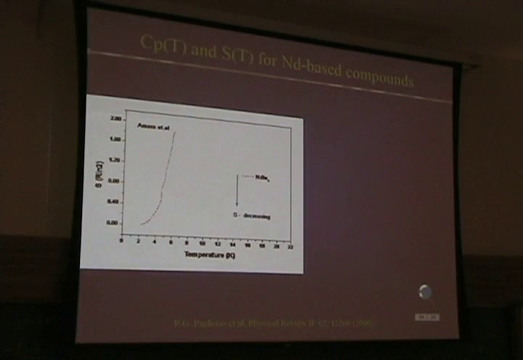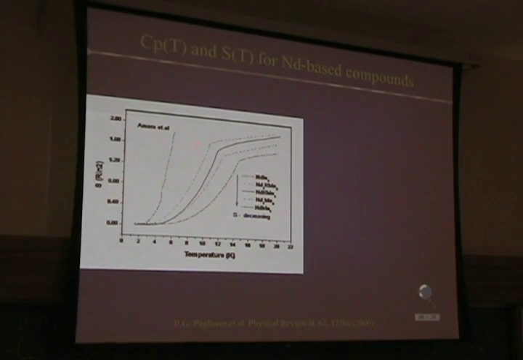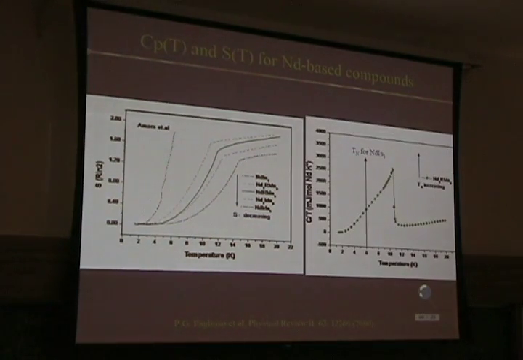Okay, so let's look at neodymium first, and let's look at the specific heat and the entropy recovered at T_N along the materials. Here we're showing the magnetic entropy, calculated from this curve, along the materials. You can see that for neodymium indium 3, we have almost 2 R ln 2 because it's a quartet ground state for the cubic compound.